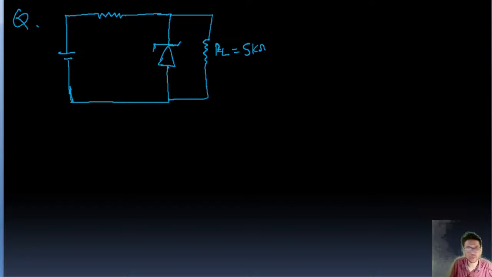RL is 5 kilo ohm is given, and this is 3 kilo ohm. Okay, and this is 16 volt, and this Zener voltage Vz is given, that is 10 volt, and we need to find out V naught. V naught means ILRL, right? V naught we need to find out.